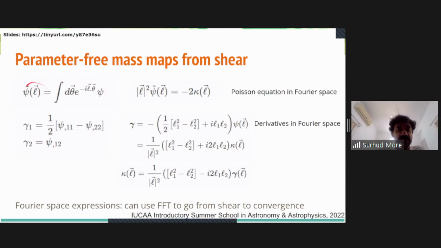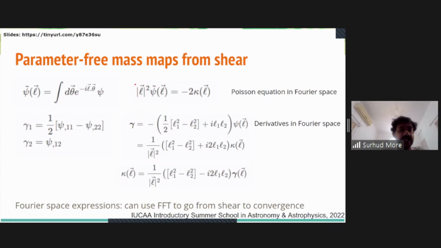And once you start with this equation, now you apply the Laplacian on this, right? Then you take the gradient, and you get a minus iL down. You take the Laplacian, you get another minus iL down. And so in the end, you get minus mod L square times psi of L on the left-hand side.